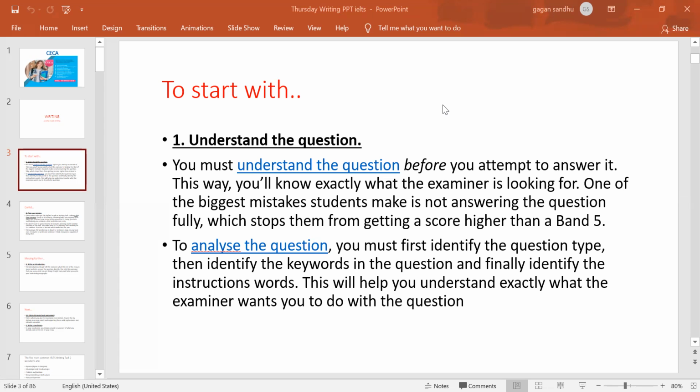The question type depends on the words there. There will be keywords like agree, disagree, advantage, disadvantage, problem, solution, right? Discuss the scenarios given. These are the words we have to identify from the question and the statement. After that, we decide how we are going to write this essay in 250 words, right?